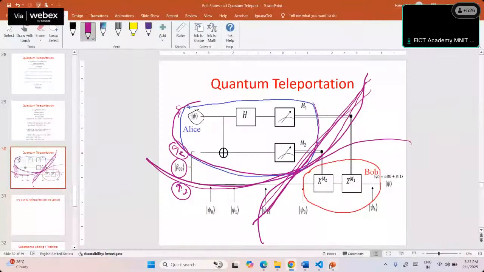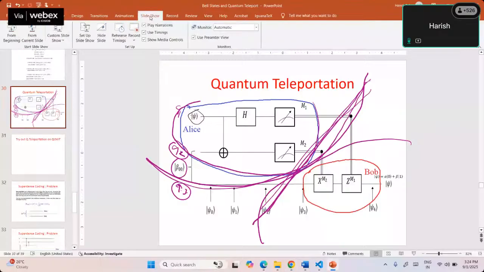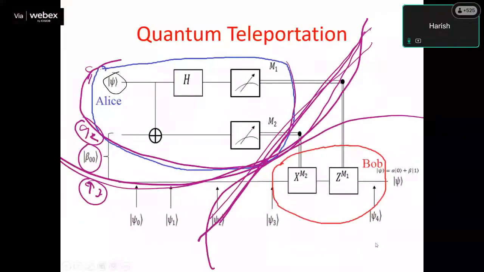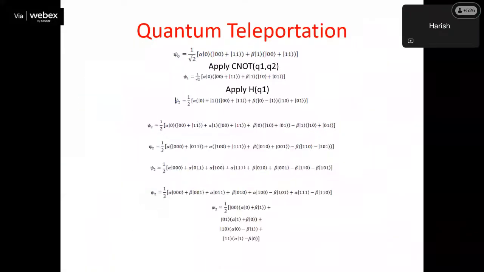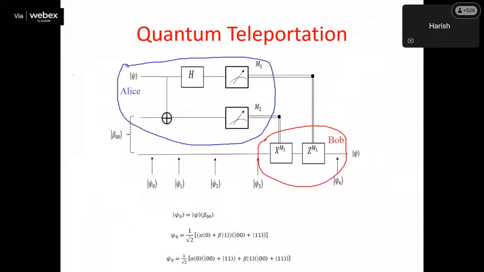Yes. So I am recapping, and then we will be seeing the Qiskit implementation of this. So see here what we have done so far, because we need to remember this when we see the circuit. With the help of this entangled pair of qubits Q2 and Q3, we are able to transfer the state of qubit 1 to Bob.